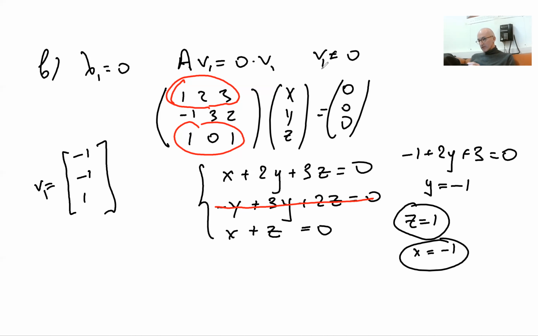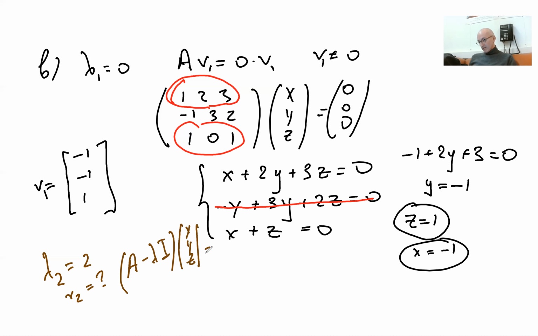Okay. Good. Absolutely in the same way. Let me use a different color. If I take lambda 2, let me remind you that lambda 2 was 2, then I can find its eigenvector which corresponds to this eigenvalue. And again, what is it? This is basically, I need to solve the system A minus lambda identity times x, y, z equal to 0.